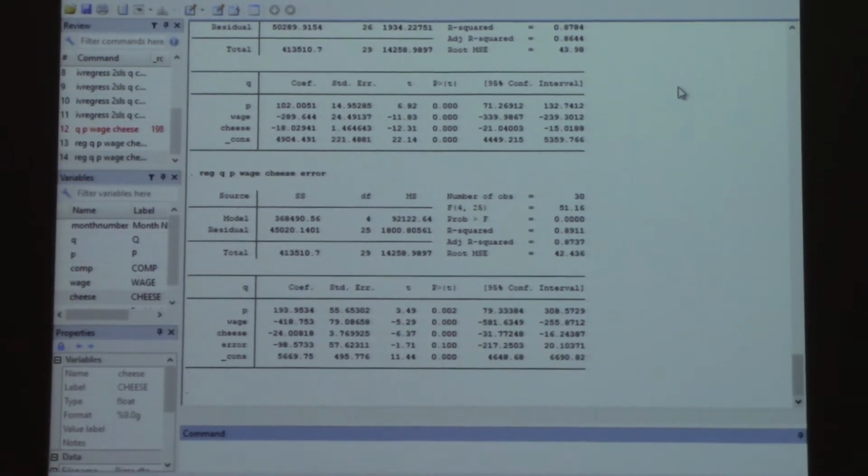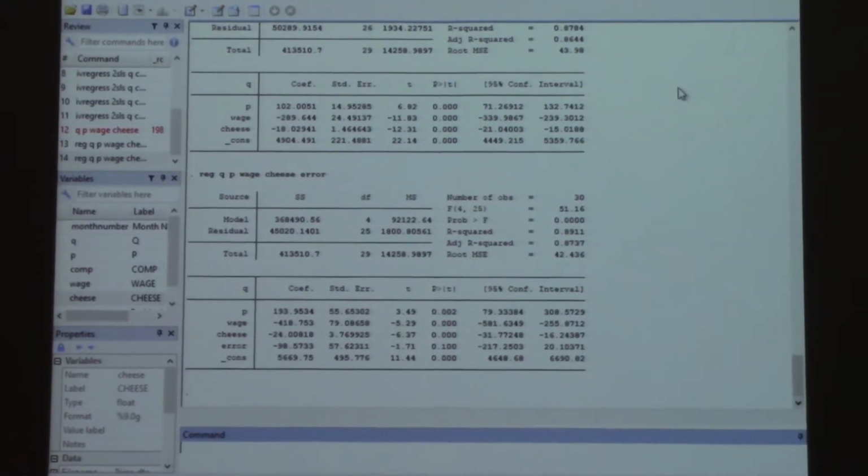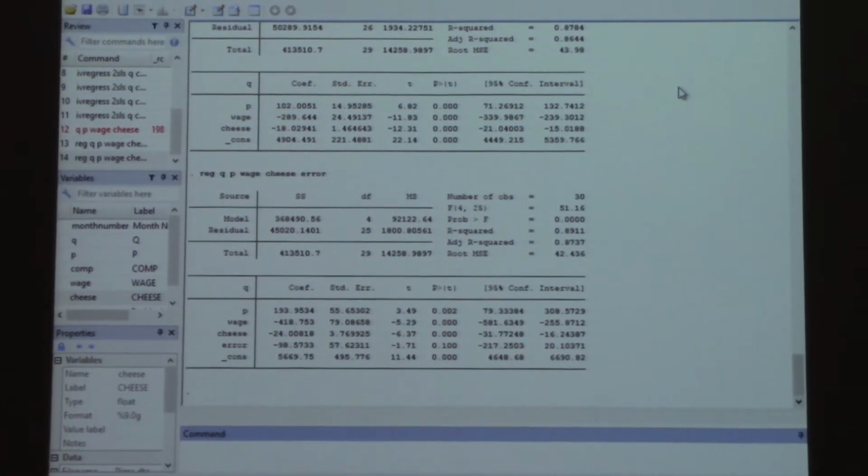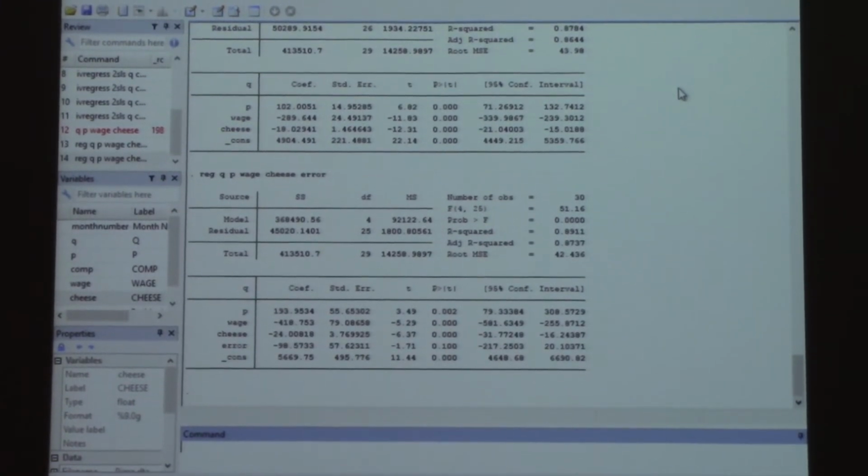So let's run, here's our model. We need something in demand that's not in supply that'll shift demand, allowing us to trace out the supply curve. In this case, we only have one option. We've got the price of a competitor's pizza.